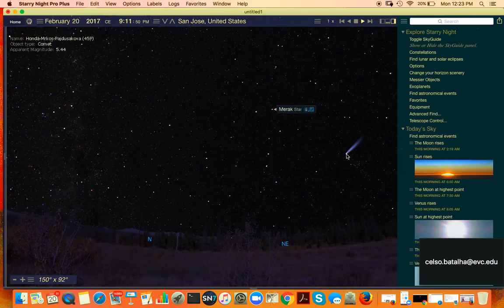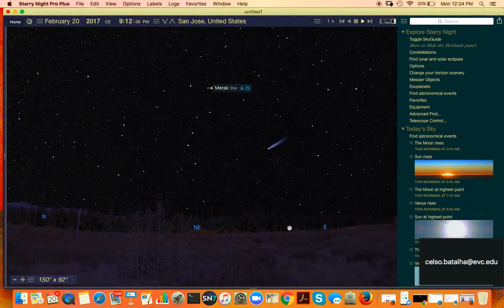And so this comet, if you want to try to find it, apparent magnitude 5.44, and this is 9/11. It's between north and northeast.